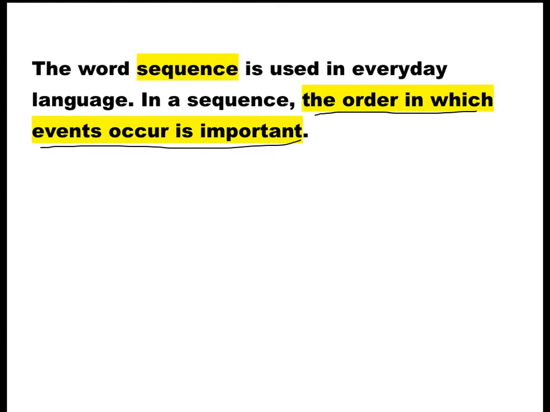Now in mathematics, we define a sequence as a set of numbers, usually separated with commas, that have a particular order. For instance, I can have a sequence in mathematics, something like 1, 2, 3, 4, and so forth, or -10, -5, 0, and so forth.